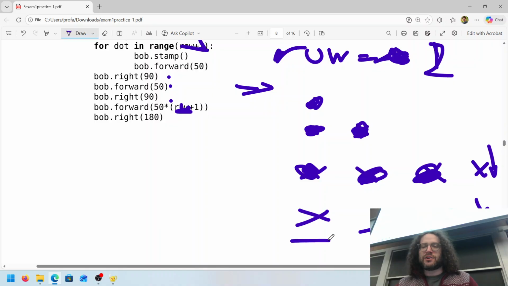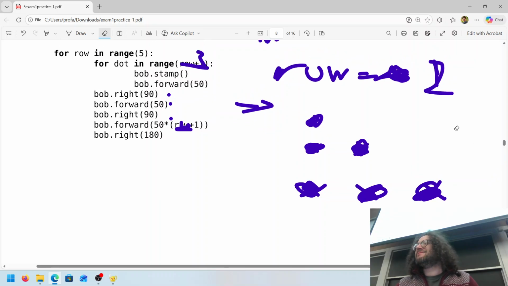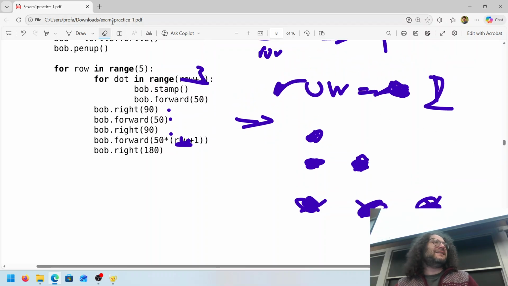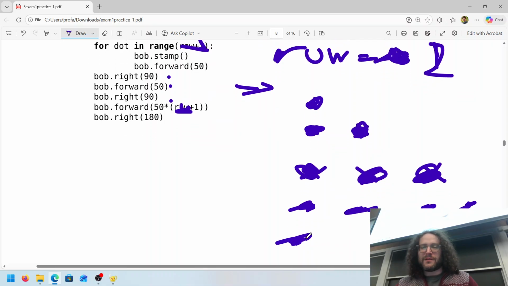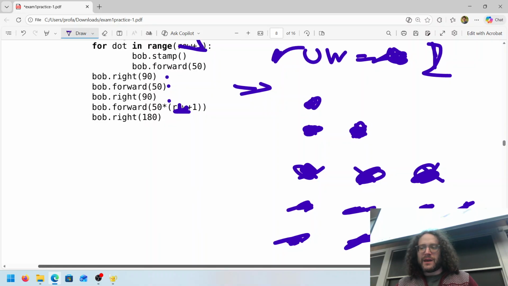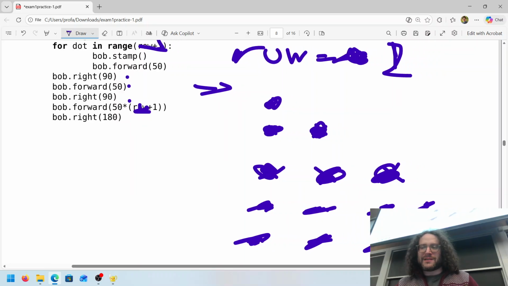So we're here, turn 180, face this way. Can everybody now draw the rest without having to figure out what the pattern is, right? We've got 5 rows, so it's going to be 4, and then 5. So this is just simply a triangle made of dots, okay?